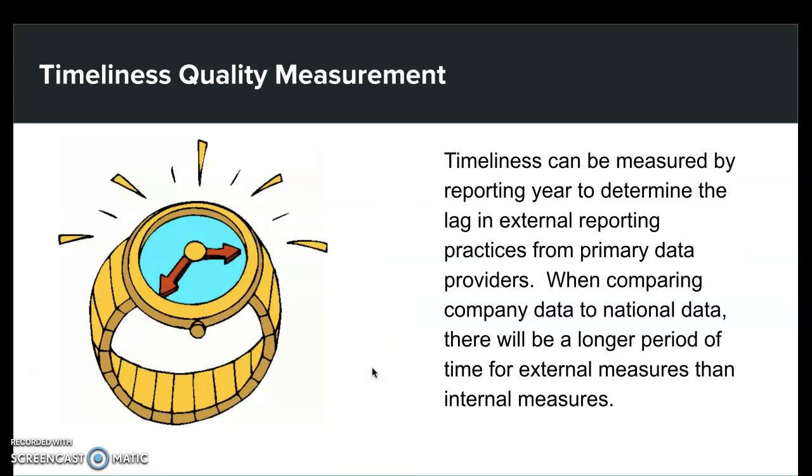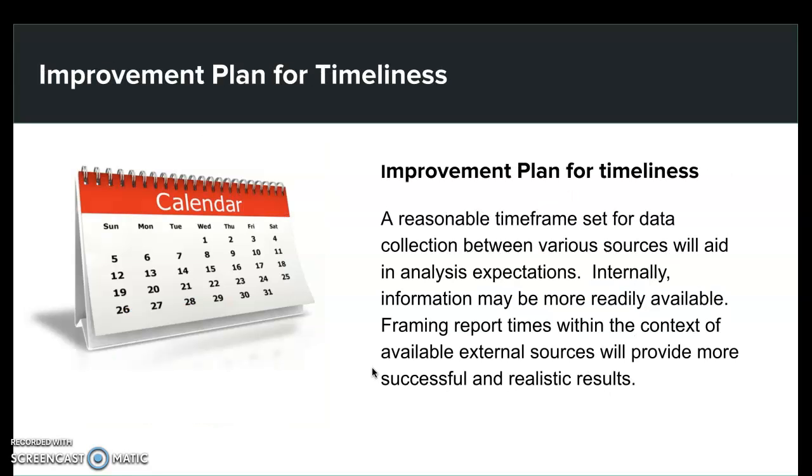So timeliness can be measured by reporting year to determine the lag in external reporting practices from primary data providers. When comparing company data to national data, there will be a longer period of time for external measures than internal measures.